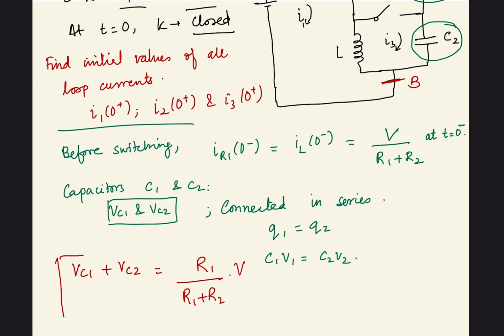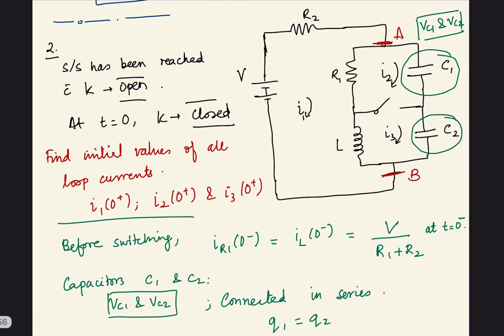Just pause this for a moment and take a look at this, because if you see, before switching, this is a short. So R1 and R2 behave as a voltage divider. We have seen this in class. So what is the potential difference between point A and B going to be?